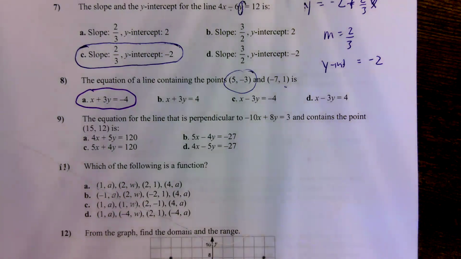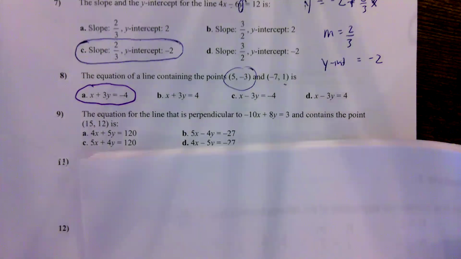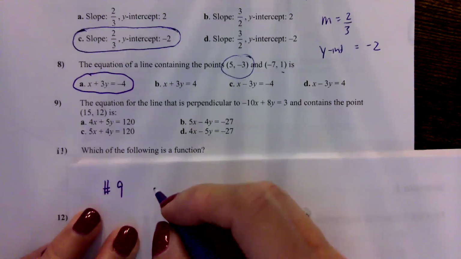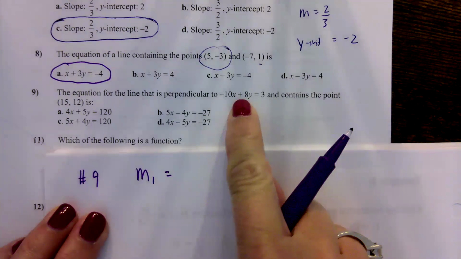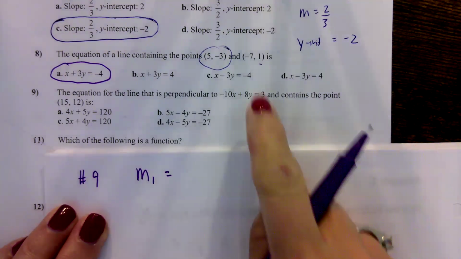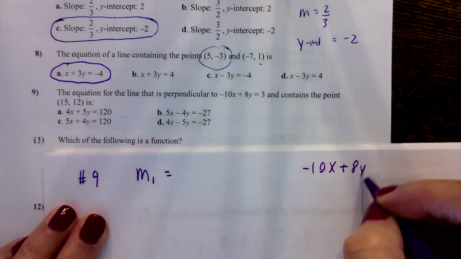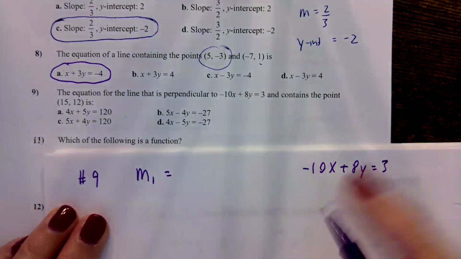So let me get a new scrap paper here. So number 9, we need to find the slope one. And to do that, I'm going to isolate this y here. So a negative 10x plus 8y equals 3. So I need to isolate y so I can find my slope.